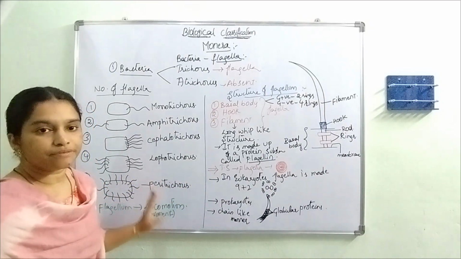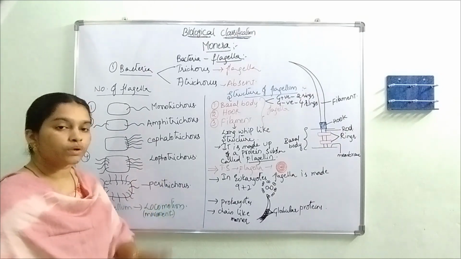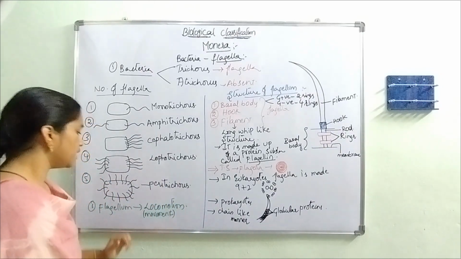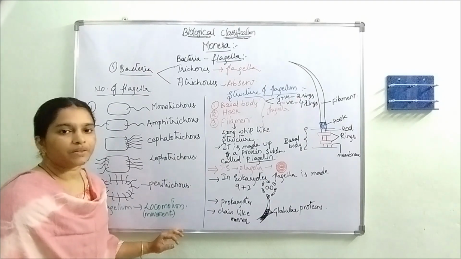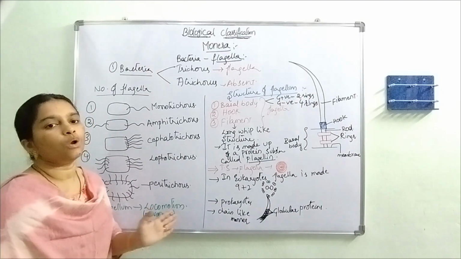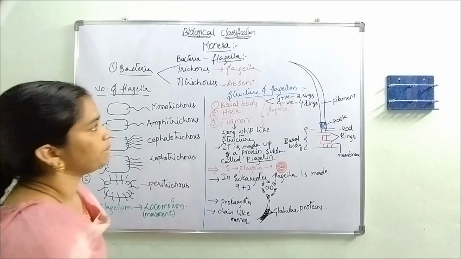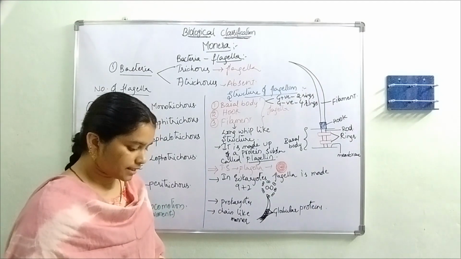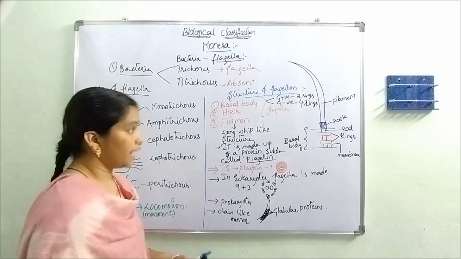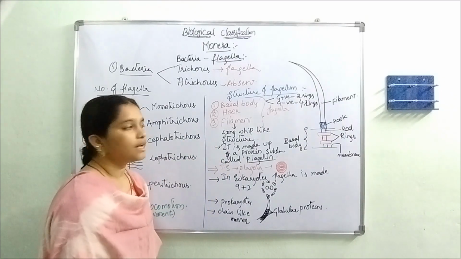If the flagella are present all over the body of the bacterium, it is called peritrichous. The flagellum is used by the organism for locomotion, that is movement. In the structure of flagellum, we have 3 parts. They are basal body, hook, and filament.